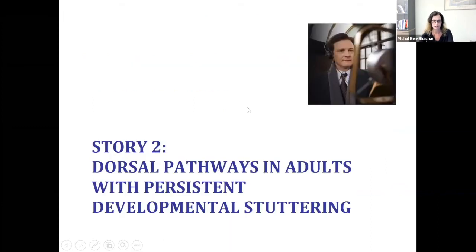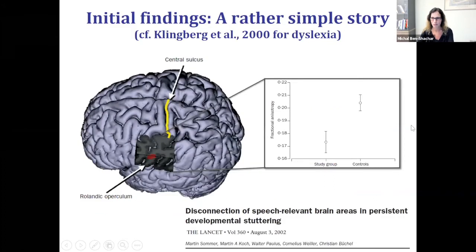And I'm transitioning quickly to my second story that deals with the dorsal pathways and their role in persistent developmental stuttering. And everything we do is going to be in adults. So I'm just going to put this out there right now and forget about the developmental question for a bit.